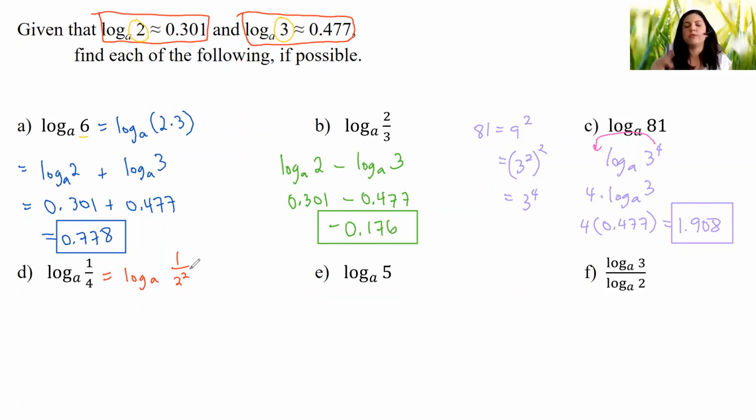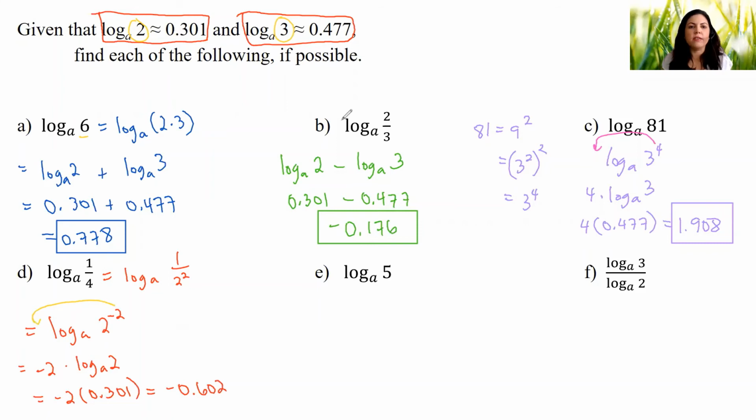Since we have this reciprocal of 2 to the 2nd power, that's equivalent to saying this is 2 to the negative 2 power. And that way, instead of the quotient rule, I'm using that power rule, where I'm taking that exponent and moving it to the front, meaning we're doing negative 2 times log base a of 2, which again, we know the value of. It was given to us. And so we can multiply that and get our answer.